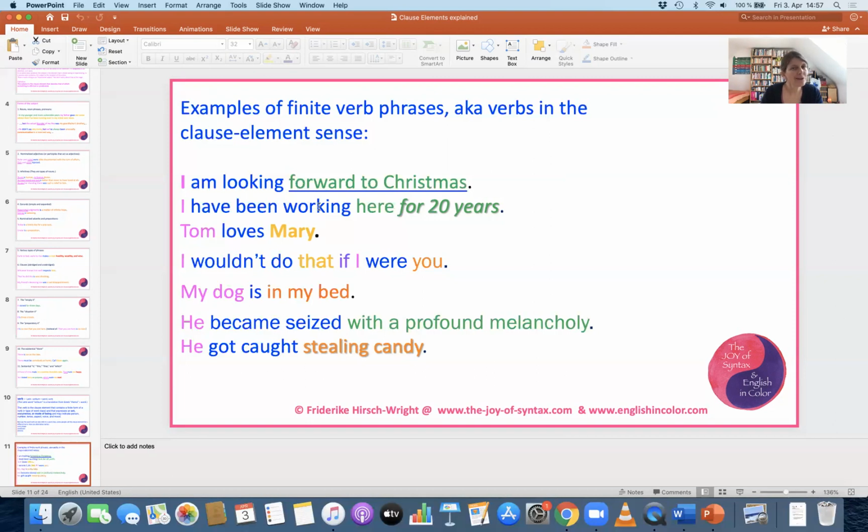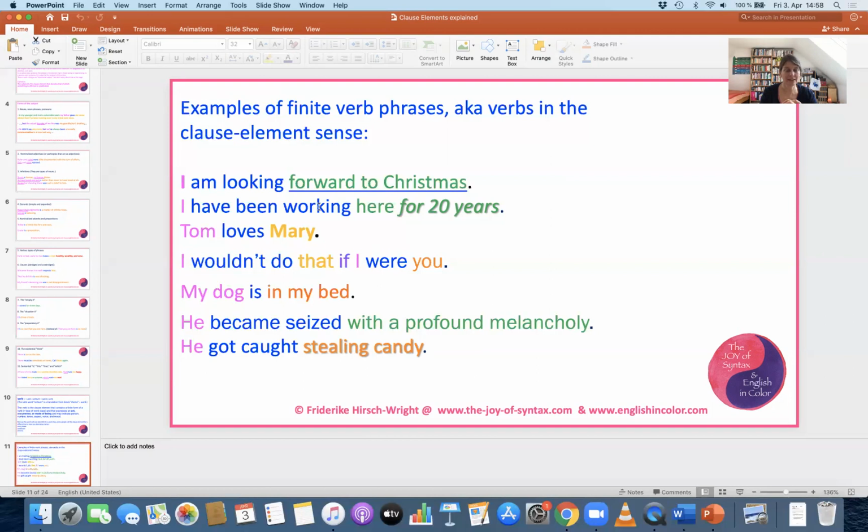And there are other ways of seeing that, and I will make a video about this, but for now, please accept have been working is the verb phrase, and it's the finite verbal unit. And finite verb phrases can contain non-finite elements, but most of the time all the elements inside of a verb phrase will be verbs. Well, let's not generalize here, but anyway.